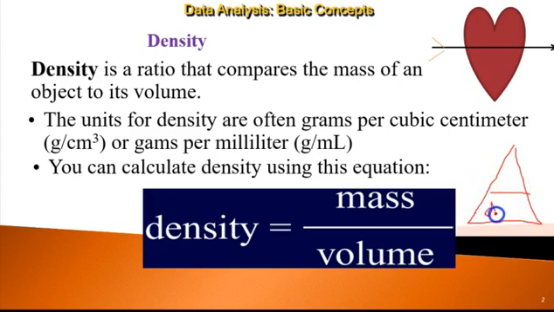If I make this three triangle thing and I want to find density, it's mass over volume. But what if I wanted to find volume? Then it's mass over density. What if I wanted to find mass? Then it's density times volume. So this triangle helps me to solve for any of the three pieces of the problem.